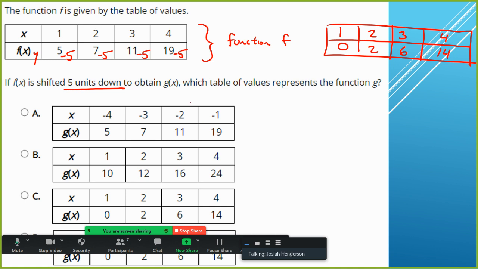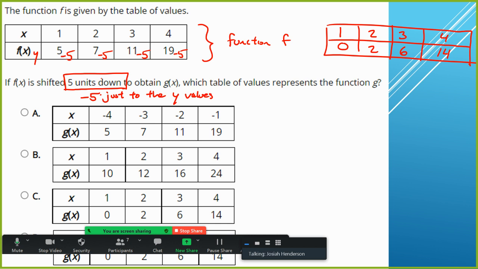Because they told us, Tira pointed out, the keyword was down, and we associate down with negative or minus, right? So down 5 just to the y values. Why is it just the y values? Because of down.